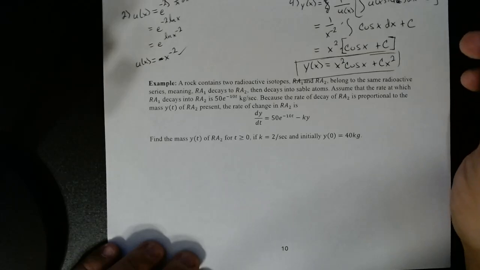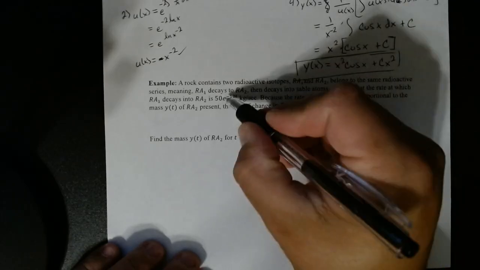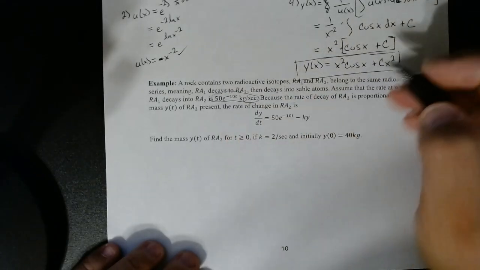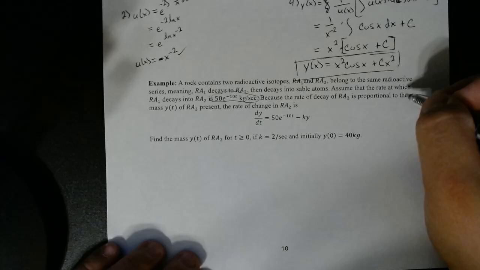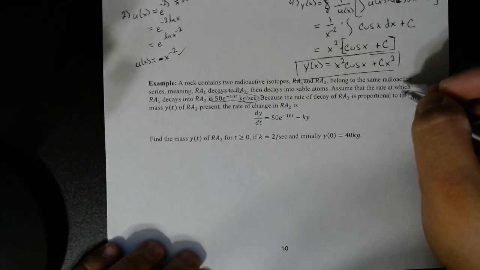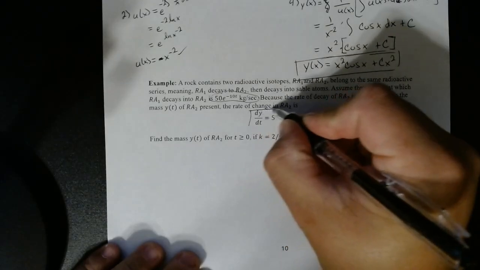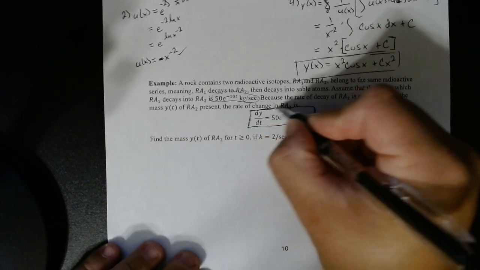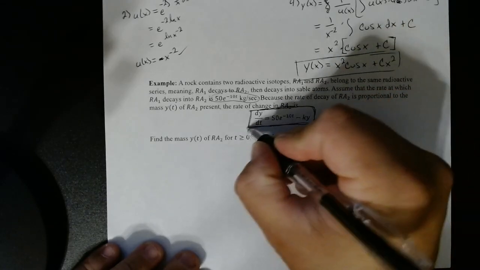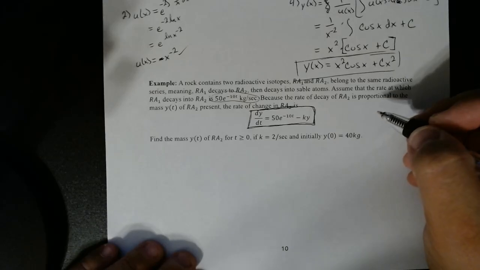Assume that the rate at which Ra1 decays into Ra2 is, and they give us this equation, because the rate of decay of Ra2 is proportional to the mass of Ra2 present, the rate of change is this part. So basically after all of this horribleness, they finally give us an equation. And this is a differential equation. All right, sounds good.